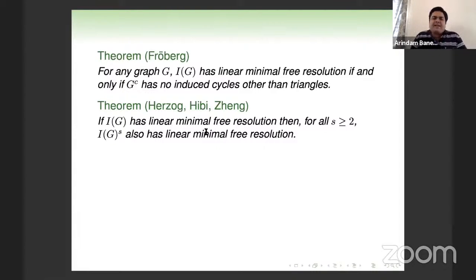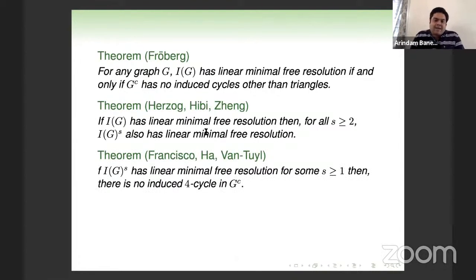One can characterize edge ideals of bipartite graphs which are Cohen-Macaulay extremely concretely. So that also falls in this big general picture, and that was also done by Herzog and Hibi. There were lots of results of similar flavor coming.